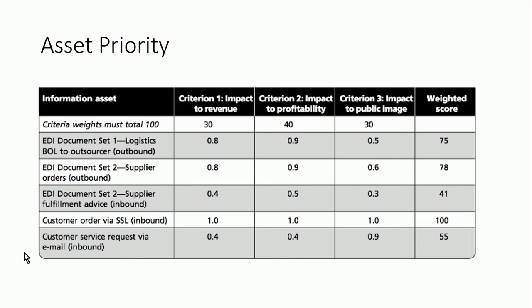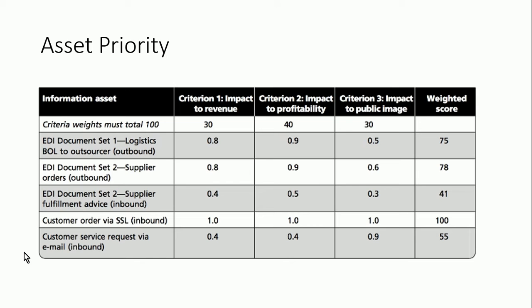So in this example, whoever created this table considered public image to be of equal importance to revenue. But profitability was a little less than those two combined. So then they assigned some sort of a metric to each one of those things that they identified. So all the assets they identify, they assign a metric to it, multiply it by the weight, and you get a weighted score.